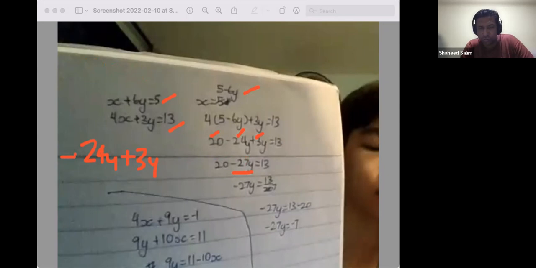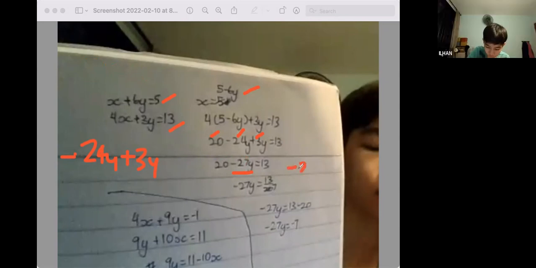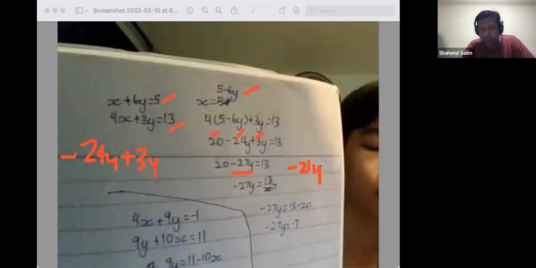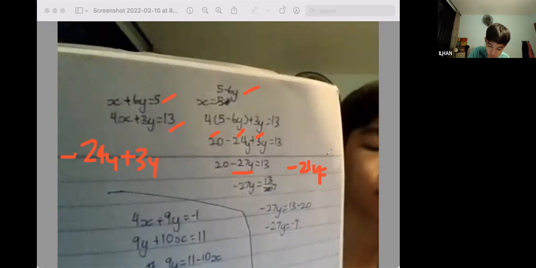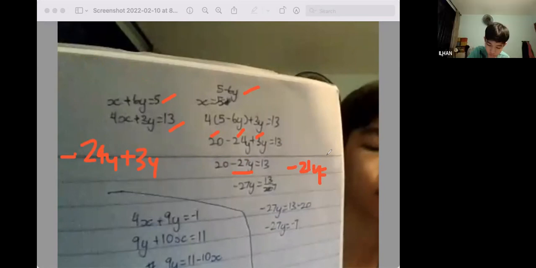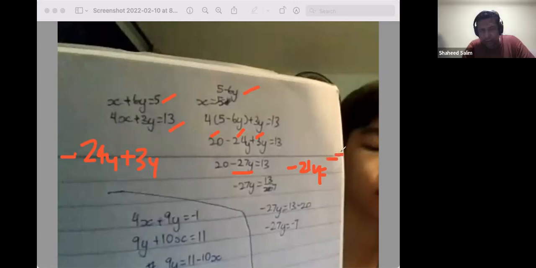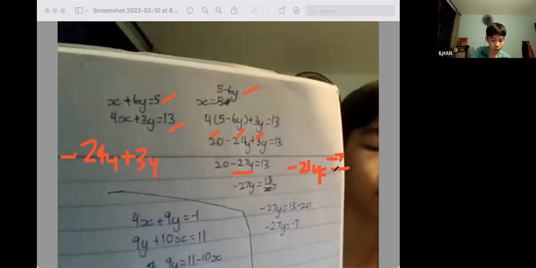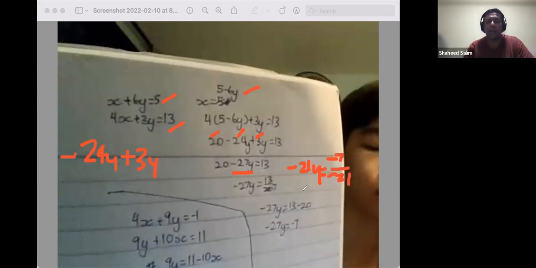Are you sure y equals to 3? No. You have negative 21y equals to negative 7, then y equals to negative 7 over negative 21. 1 over 3. Well done, 1 over 3.